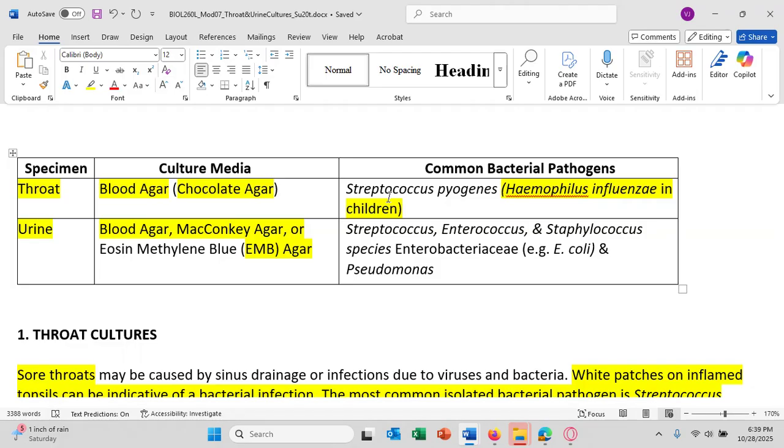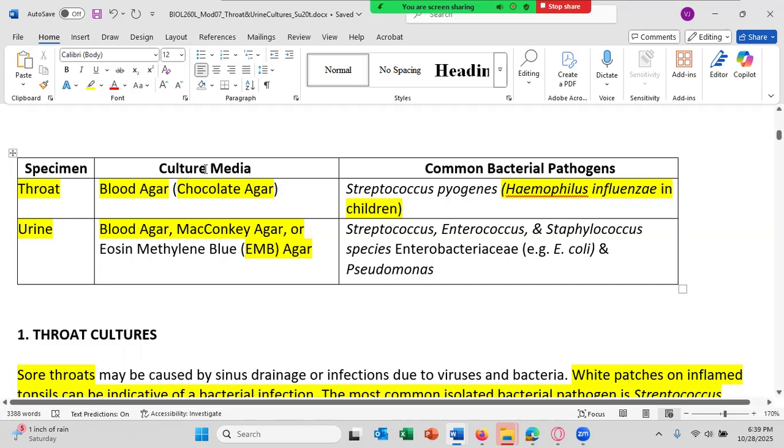And that's because Haemophilus influenzae cannot lyse the red blood cells. And so the ingredients in the blood do not get out to Haemophilus influenzae for it to grow. But you can grow it on chocolate agar because chocolate agar is the same as blood agar.